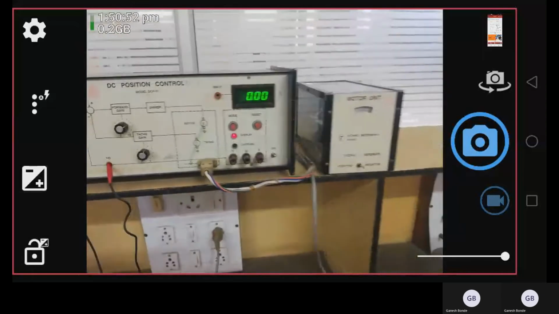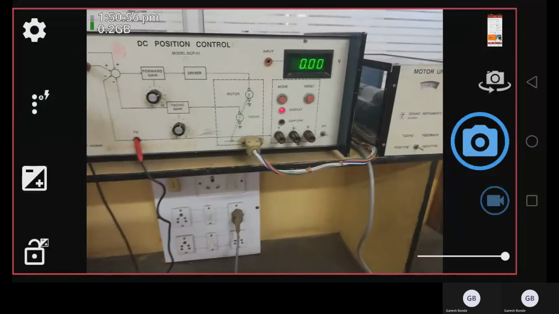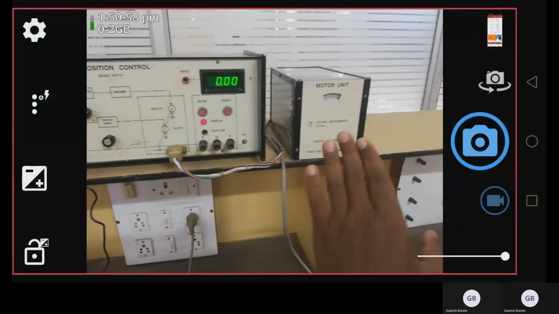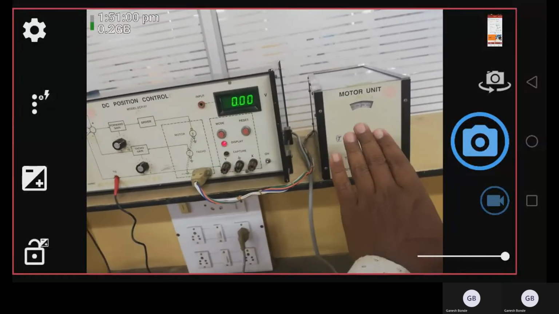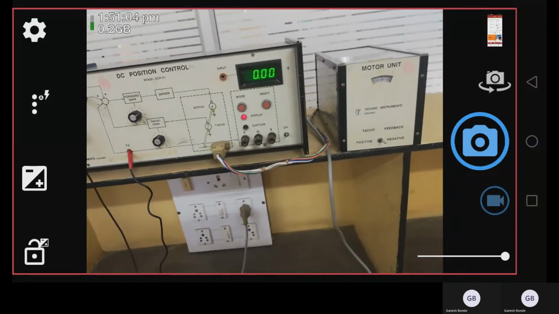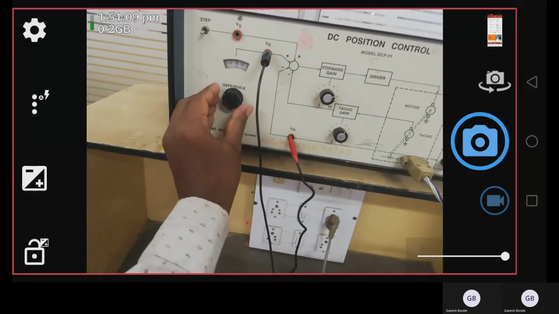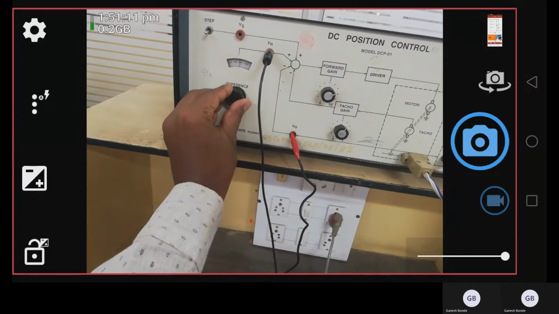So now here is the DC position control system. As you change the position of the reference pot, accordingly the output pot is adjusted to the same position. So that means it can maintain the shaft position. How is it maintained? Initially it was at 130, and I can change it to 150.